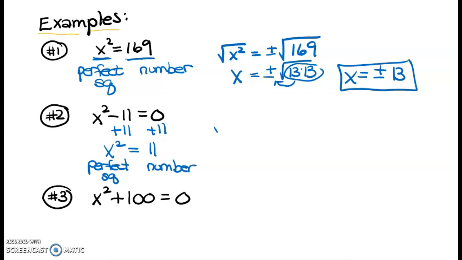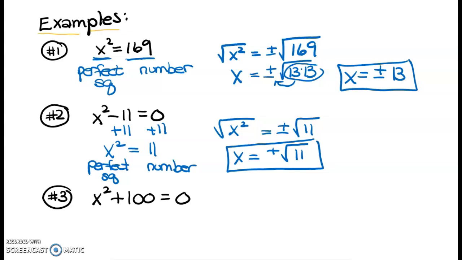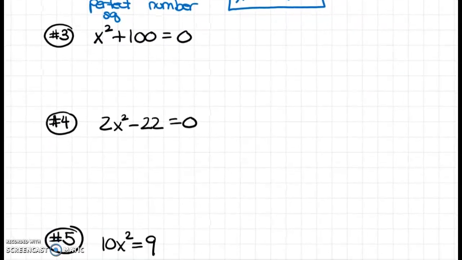So when we solve this, we're going to take the square root to get rid of the square, and we can't forget the plus or minus. 11 doesn't simplify. So really in this, all we have to do is take the square root of our square, and we're left with x equals plus or minus the square root of 11.